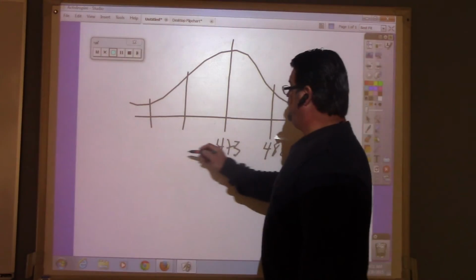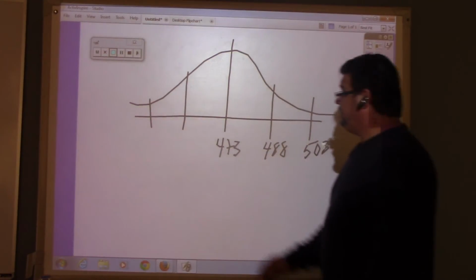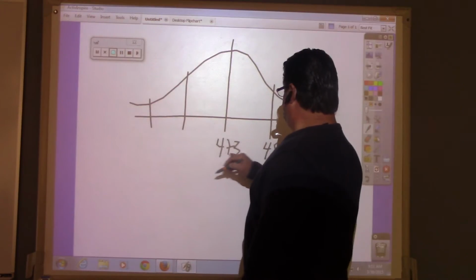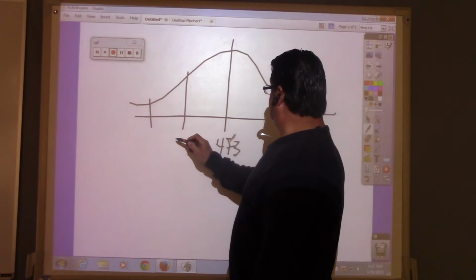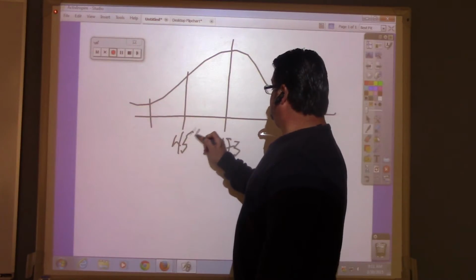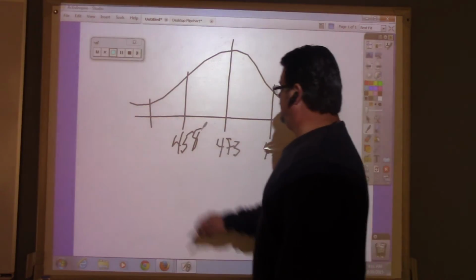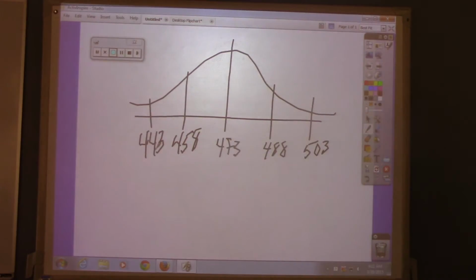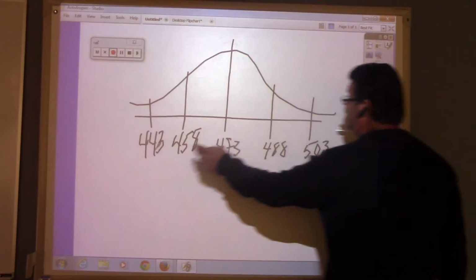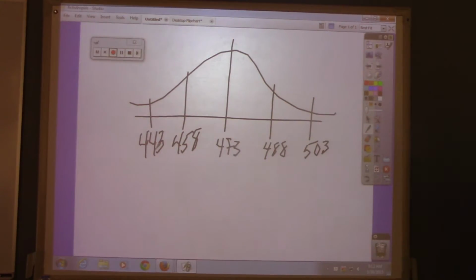What's 473 minus 15? 458. And 458 minus 15 is 443. So there is your normal distribution, with normality being between 443 point something and 503 point something, whatever it comes out to be with the decimals.